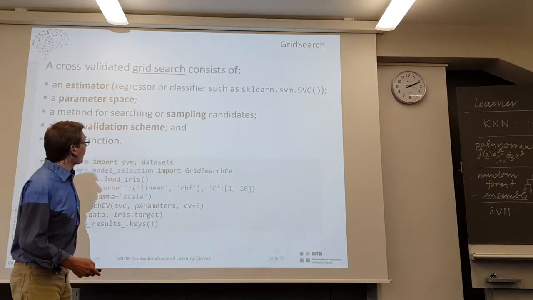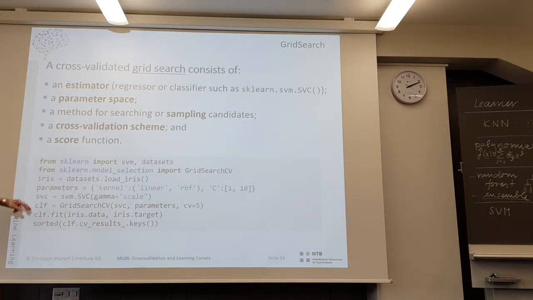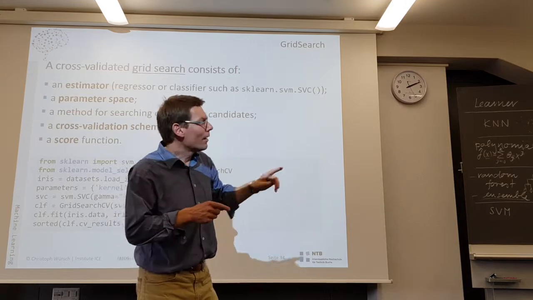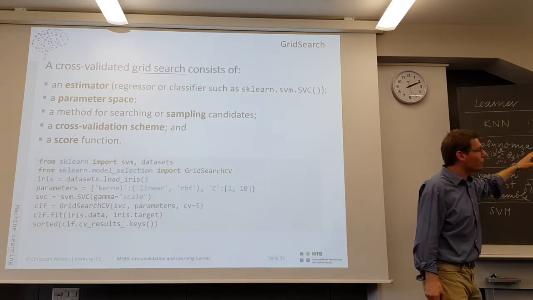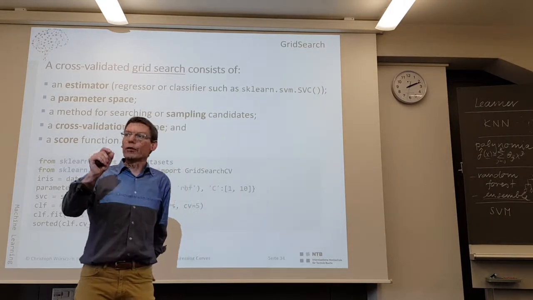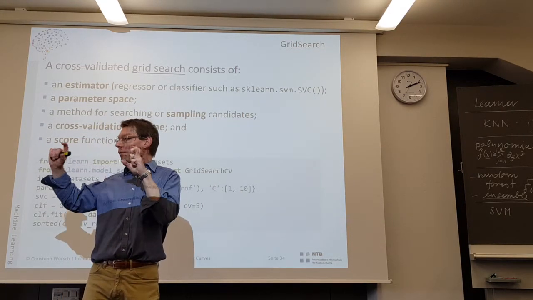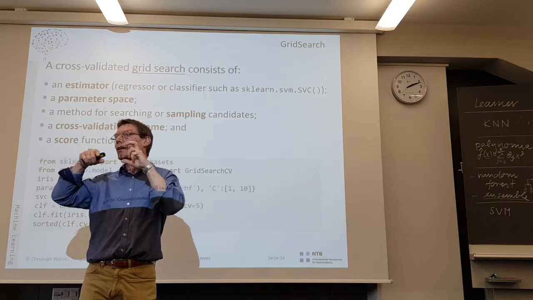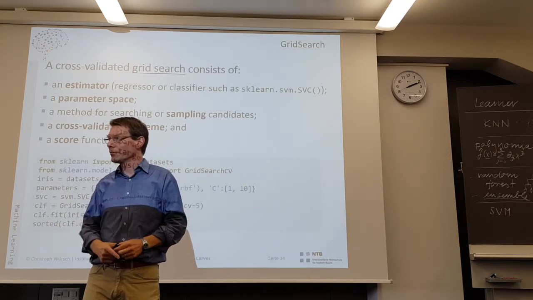Okay, grid search. This is also what we do. A grid search consists of an estimator and a parameter space. This is actually the grid where we say, let's vary k from 1 to 5. This is the parameter space for the k and n. And this we normally define in a list, or in a dictionary in Python.